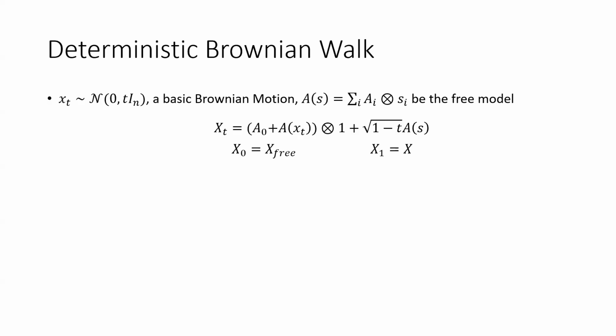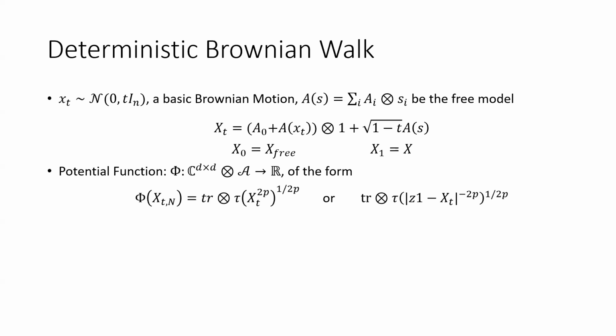We want to define some potential function of Xt, for example its trace moments or the trace moments of its resolvents, and bound the rate of change of this potential function as I go from X0 to X1. So this is the general approach. The key to why this resolves the main issue of trying to de-randomize BBVH is that using basic properties from free probability, you can actually compute all of these potentials in polynomial time.